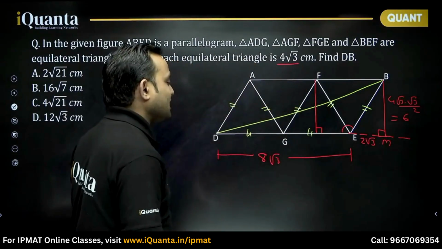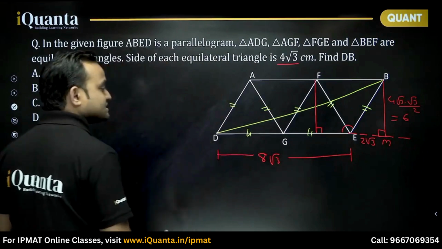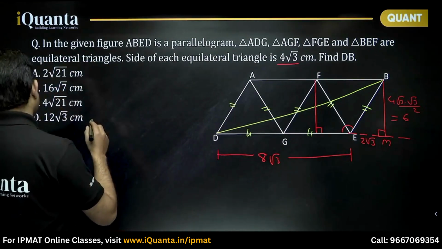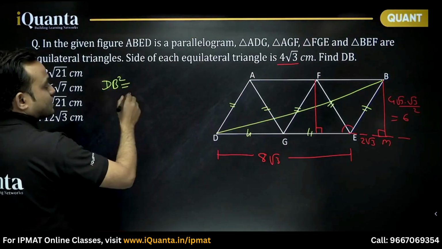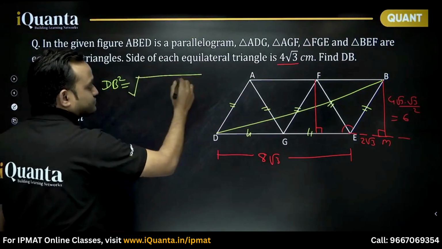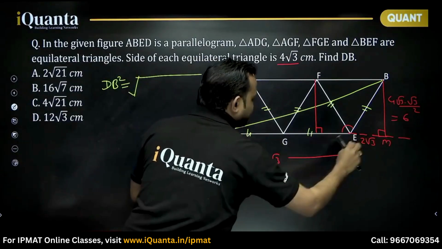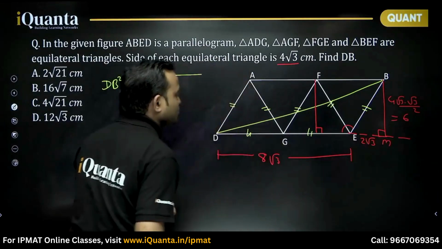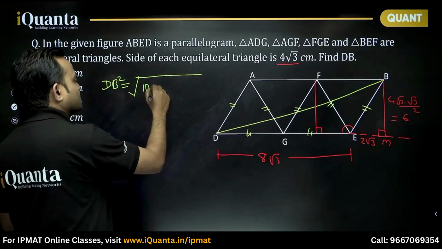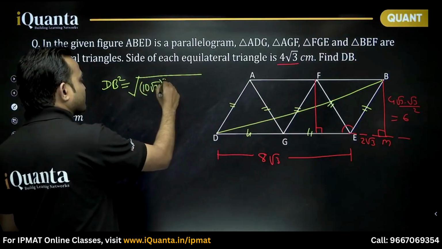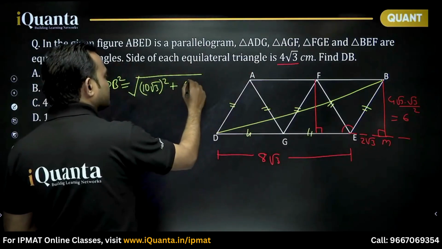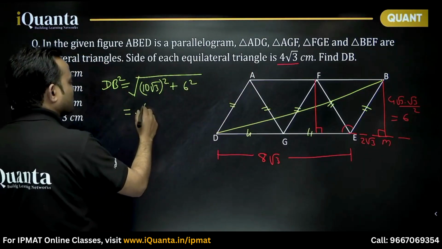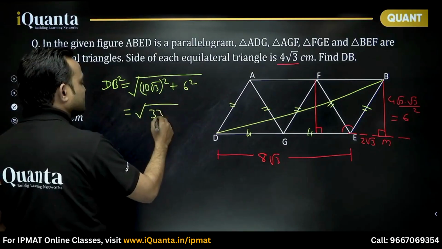So we know the length of DM. Can we say that DB will be equal to square root of DM square? So 8 root 3 plus 2 root 3, it will be 10 root 3 whole square, plus this length, which is 6 square. This gives us square root of 300 plus 36, 336.